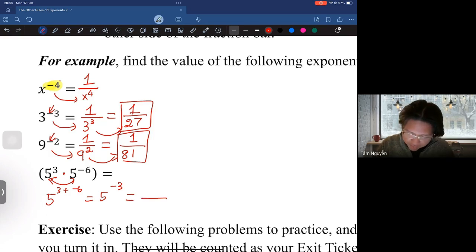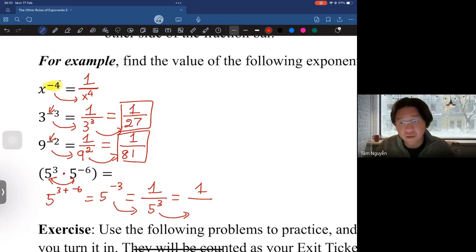To simplify the negative sign, I put it at the bottom of the fraction, take away the negative sign, and put the one on top. My last step is to figure out what 5 cubed equals. In this case, it equals 125.